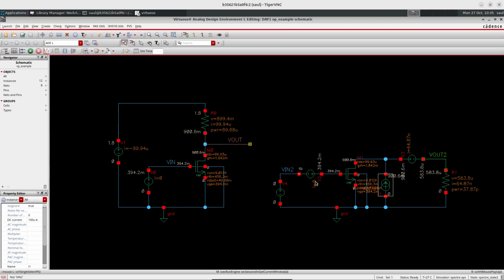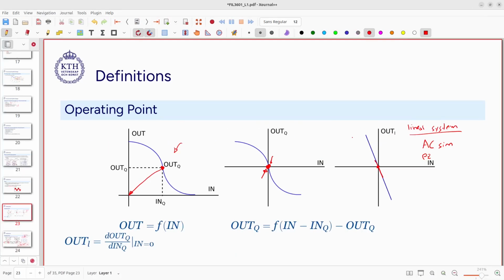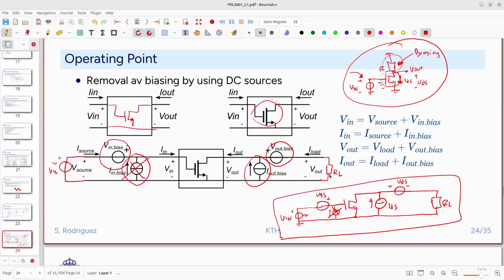And both are basically the same. The transistor is biased at 100 microamps. Okay, this is very useful. We have moved the operating point to the origin, and that has been done in a very, very easy way.